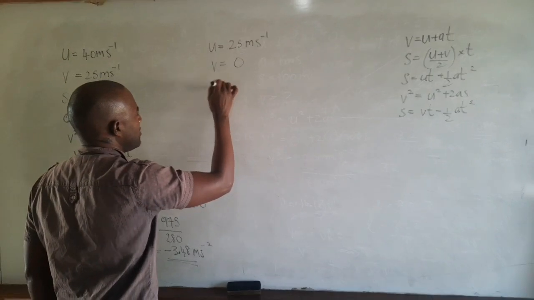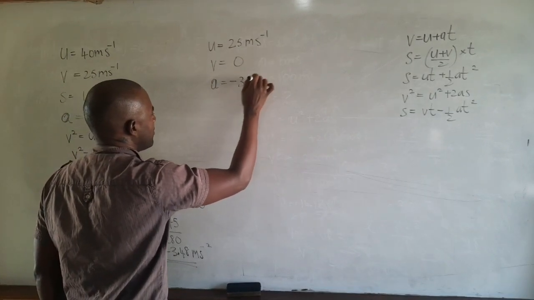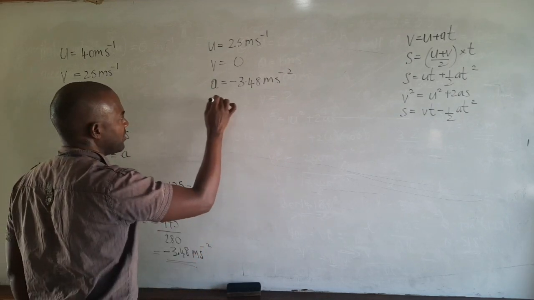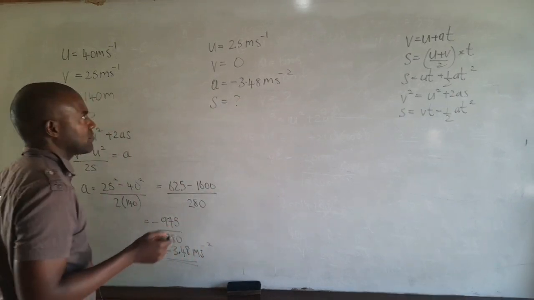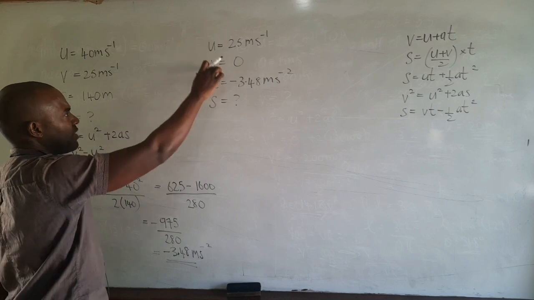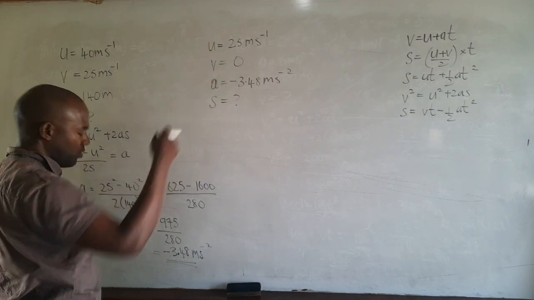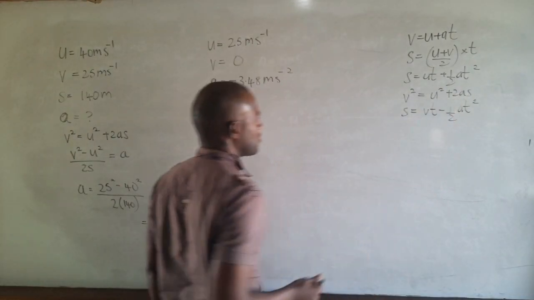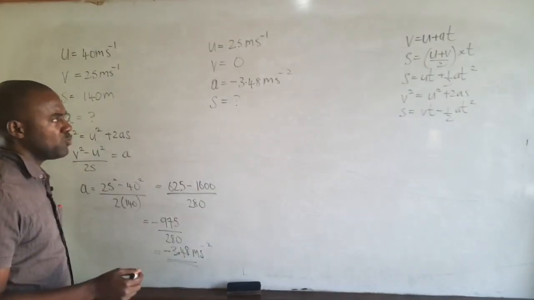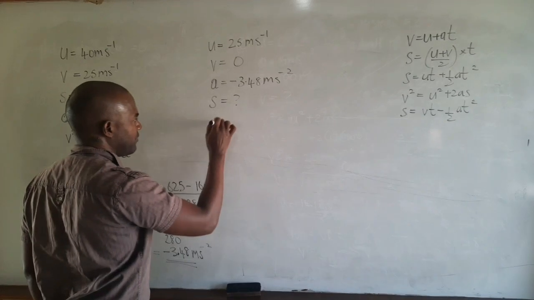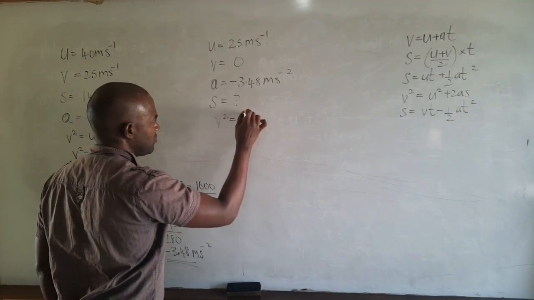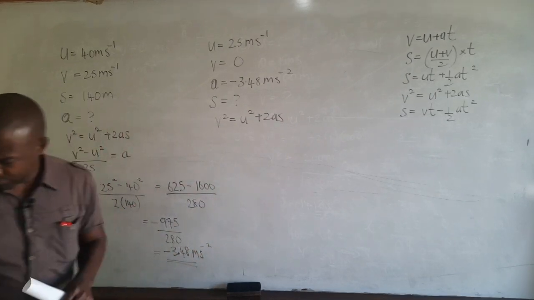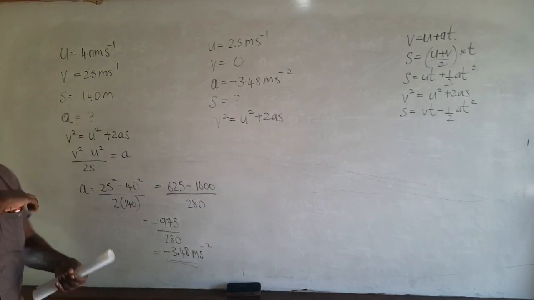And so we have a equals minus 3.48 meters per second squared, and we want to find the distance traveled s. So we have u, we have v, we have a, and we want to find s. And to do that, we use this equation, v squared equals u squared plus 2as. And right away, we'll make s the subject.